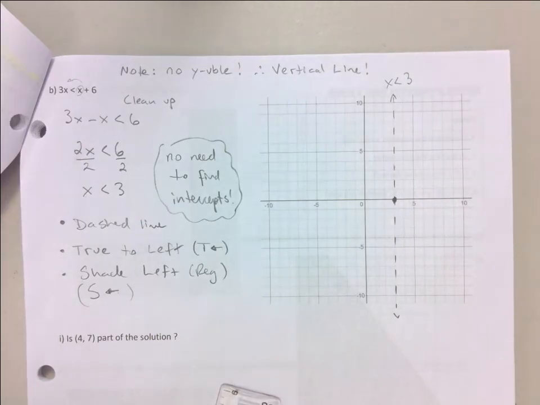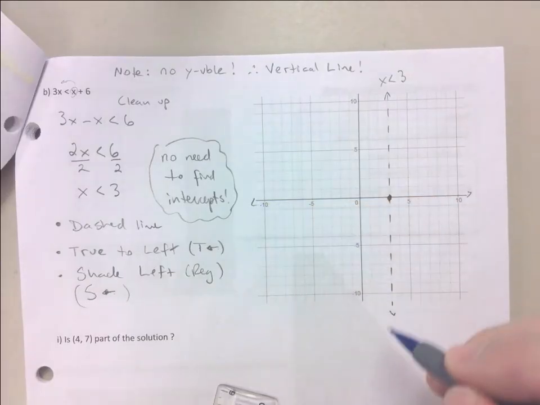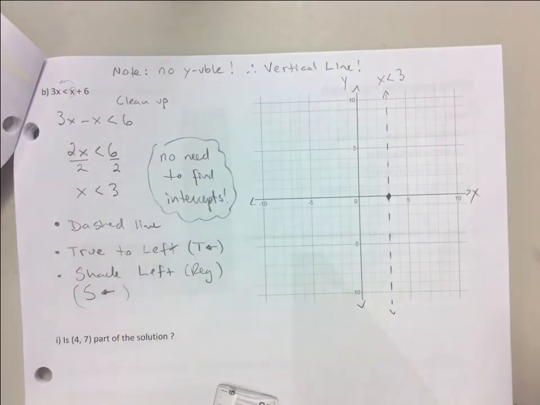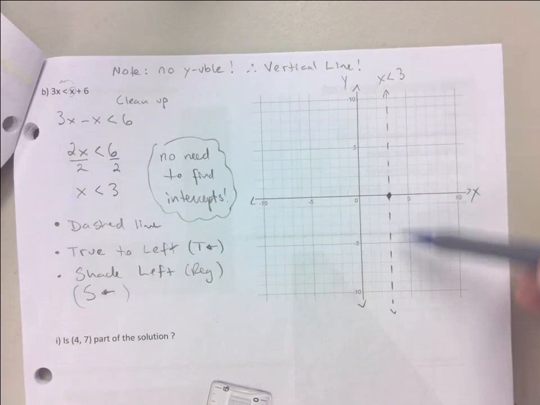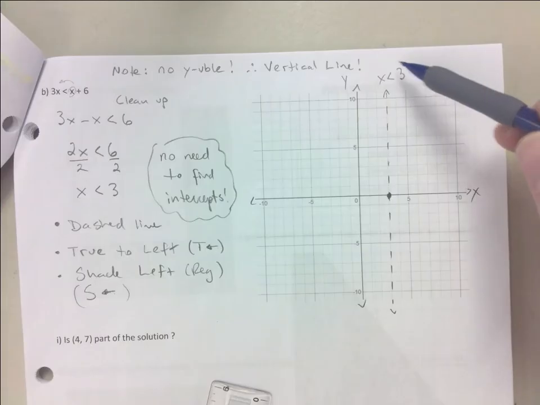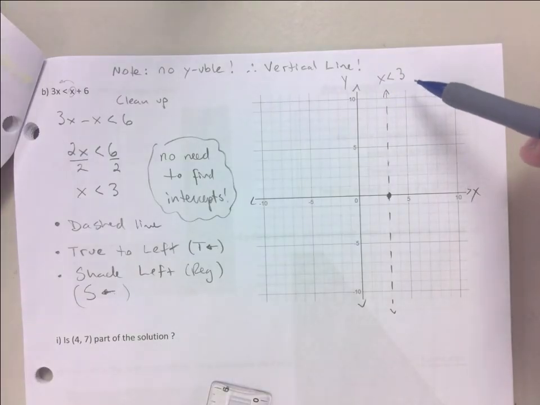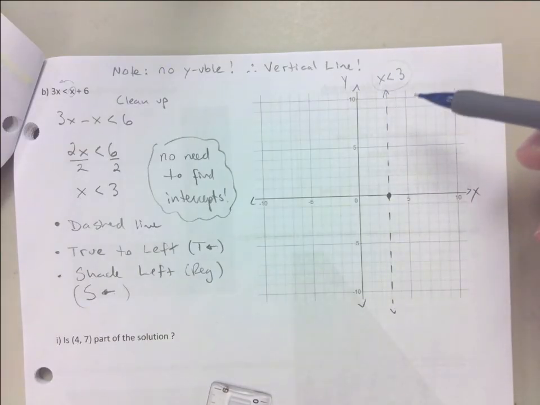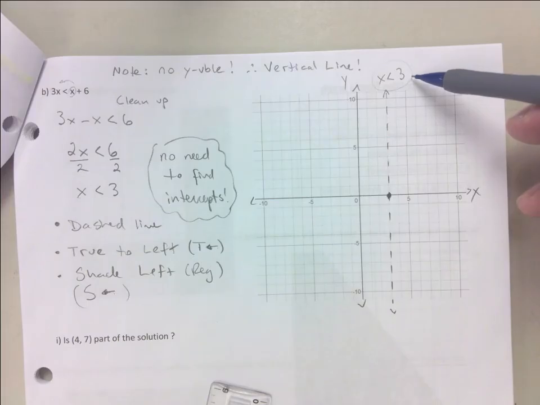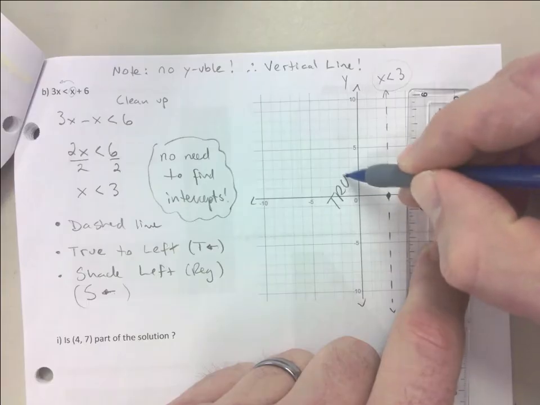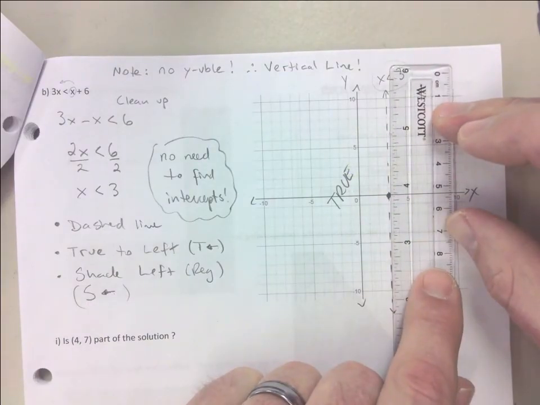Anyways, I tried something there. X, Y. Make sure you label everything, okay? I'm already giving you a grid. So this is your boundary line, and I label it using the inequality. I didn't do that on the previous example, I have to go do that yet. I'm going to put the inequality right at one of the ends of the boundary line. We're going to say that this is true, and then we're going to go ahead and shade it.